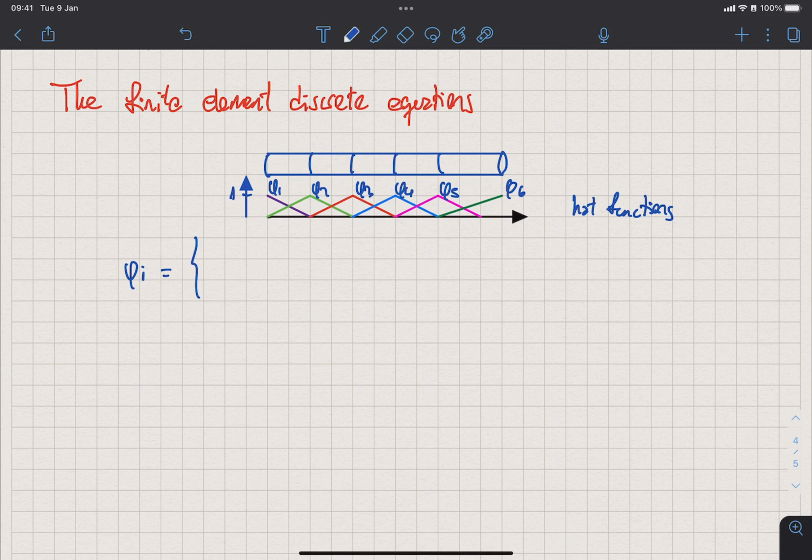It is going to be equal to x minus x_i minus 1, where i is essentially any node, over x_i minus x_i minus 1, or x_i plus 1 minus x over x_i plus 1 minus x_i.